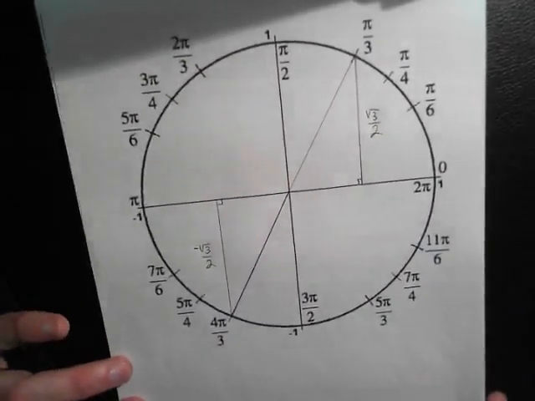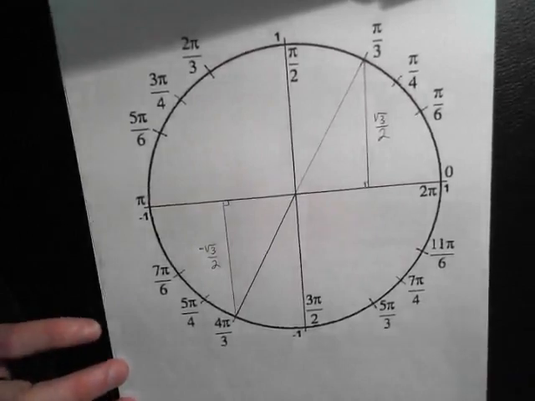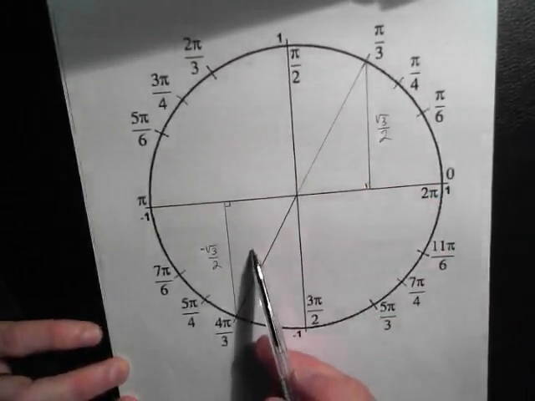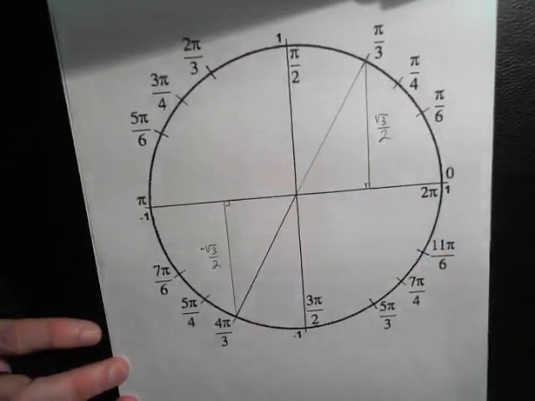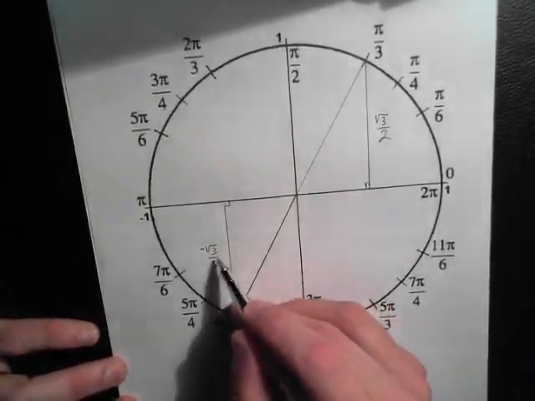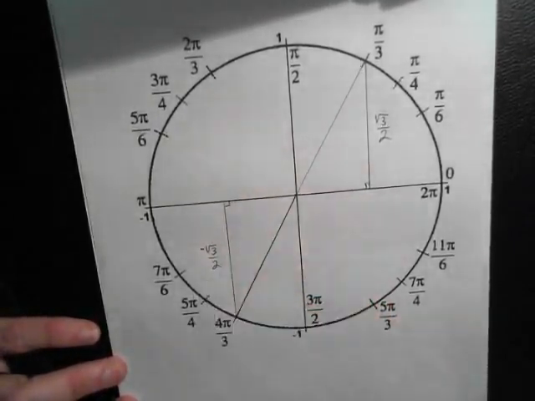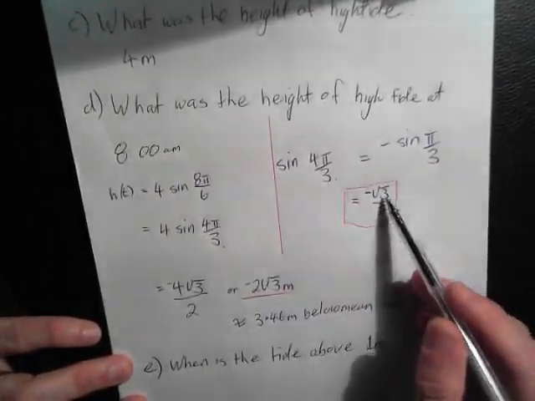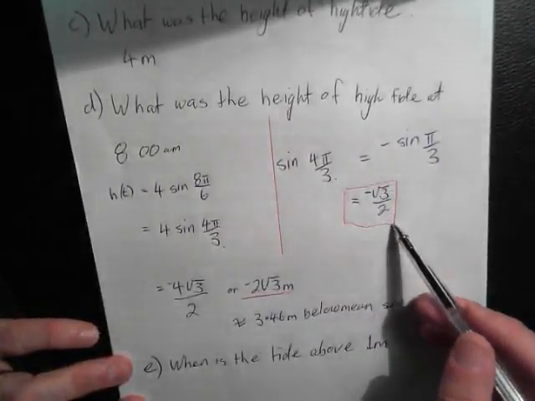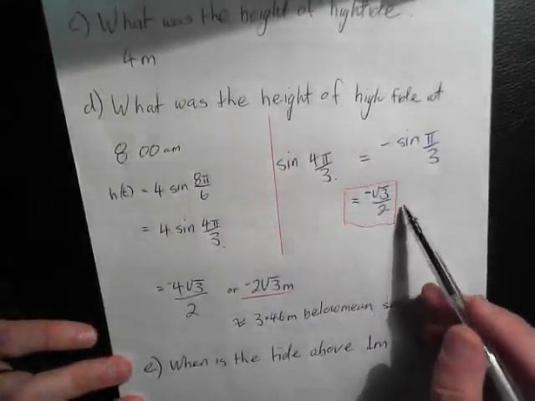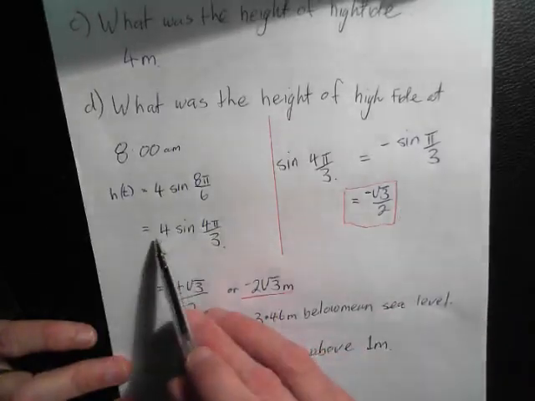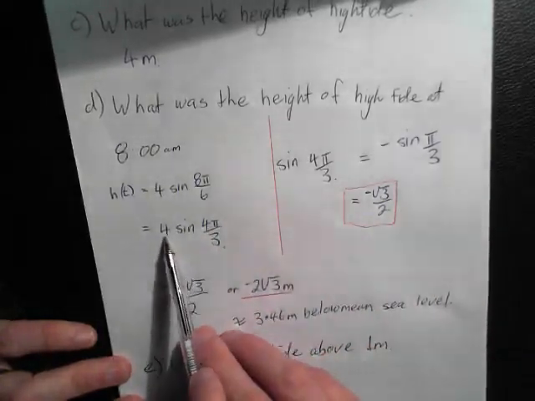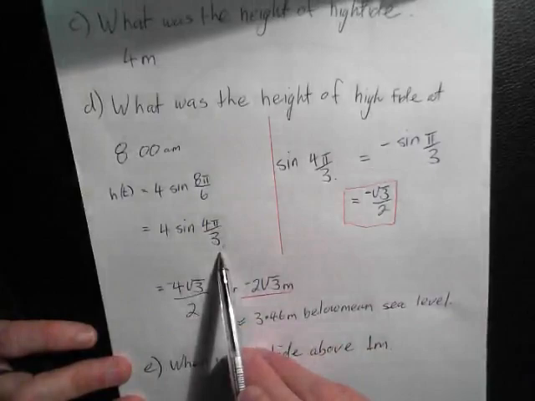Now the sine of 4 pi on 3 is over here in the third quadrant. Okay, so in the third quadrant, sine is negative. So that's why I can say, yep, the sine of 4 pi on 3 is negative root 3 on 2. But what we're dealing with here is 4 times the sine of 4 pi on 3.